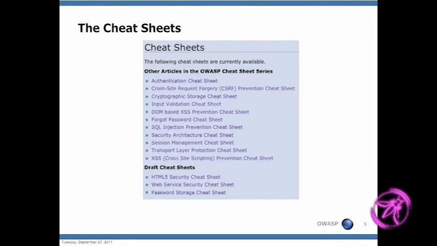An article on SQL injection. The security architecture one sounds pretty interesting, and that one, I've looked at it a little bit and something I'll probably look at a little bit more. Session management, the transport layer protection cheat sheet, and then, again, the cross-site scripting one. The transport layer protection cheat sheet is one that I actually wrote, and that's about how to do SSL correctly.